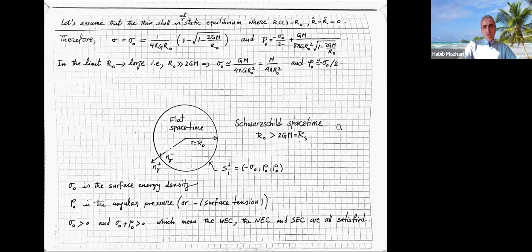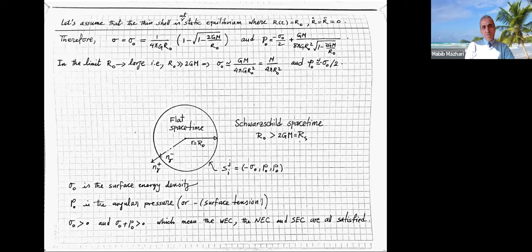Okay, coming to the case we started with, we had a shell, inside flat, outside Schwarzschild, R0 bigger than the Schwarzschild radius, and we found the energy momentum tensor on the shell which can support the shell to be in equilibrium with inside and outside.